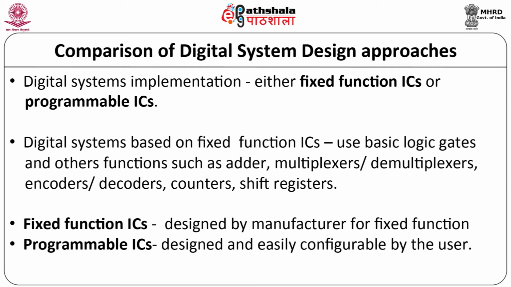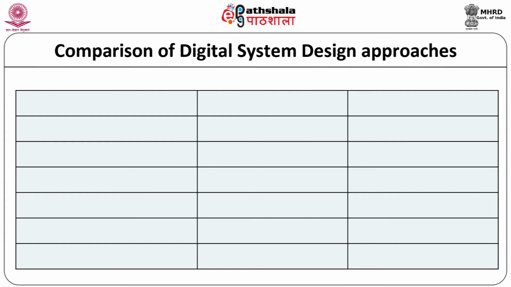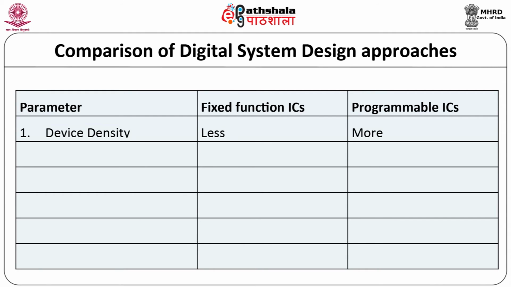In order to compare digital system approaches, we will consider 11 different parameters. The first column lists all these important parameters, whereas the second column describes the characteristics of fixed function ICs and the third column describes the characteristics of the programmable IC design approach. The first parameter of comparison is device density.